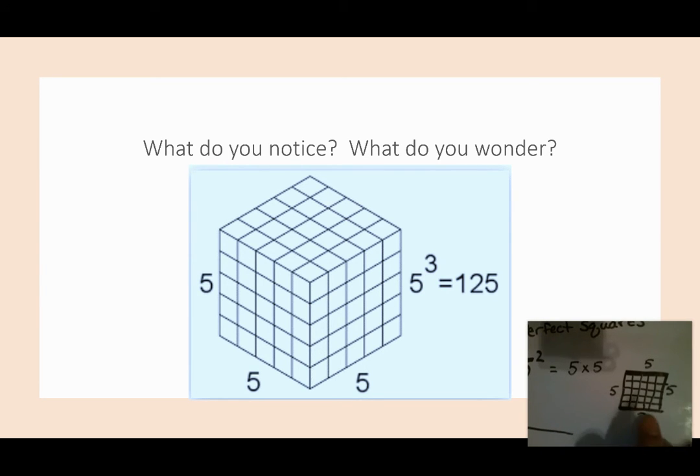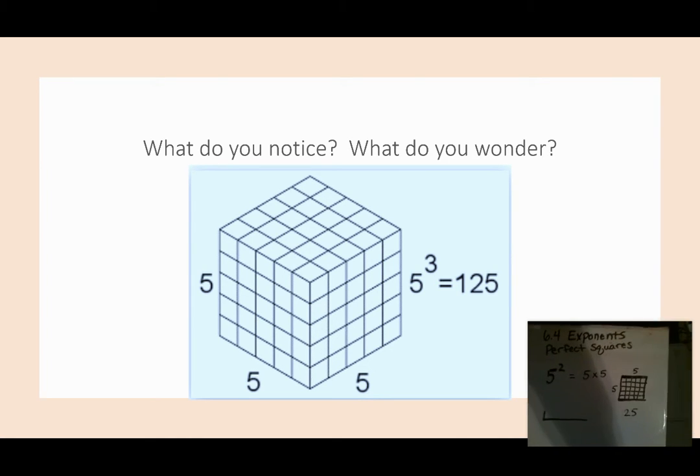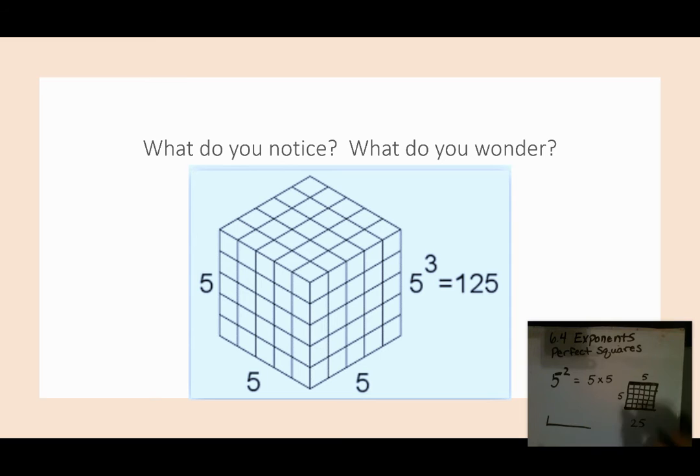So if you had a 5 by 5 square, you'd have 25 squares in that square. It's also, the area is 25 square units. Since it's not labeled, if they were feet, it'd be square feet, but units squared, or feet squared, inches squared.